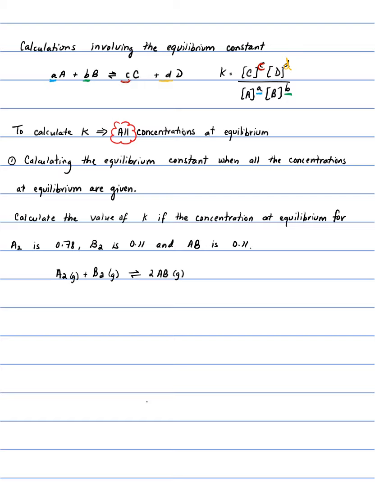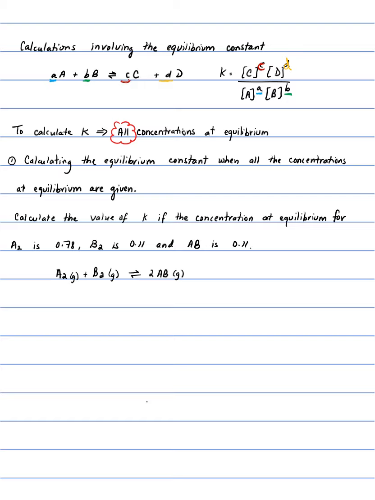So I have a generic reaction here, A2 plus B2 going to 2AB. That's the product. So the first thing that you have to do for calculations involving the equilibrium constant is write down the equilibrium constant expression.